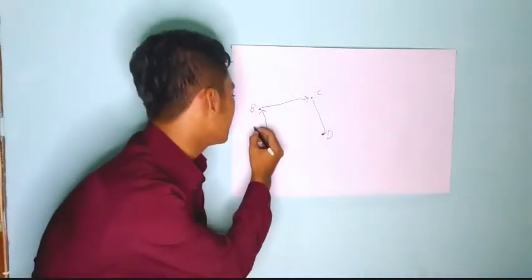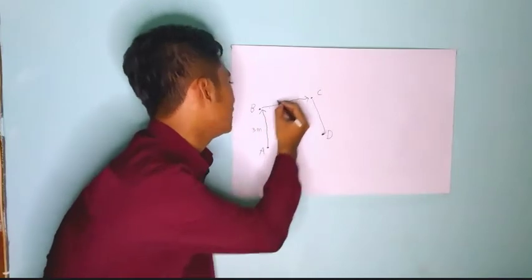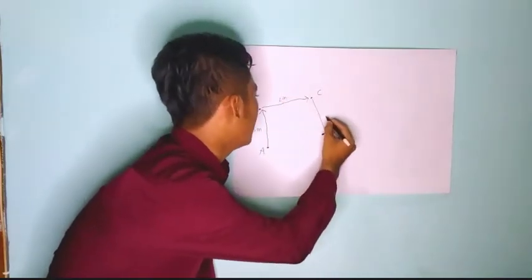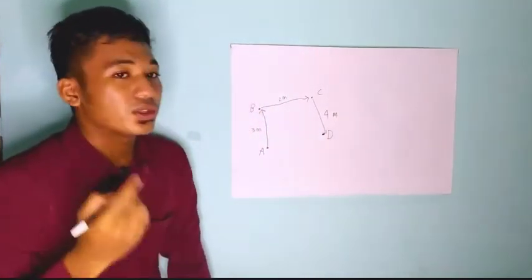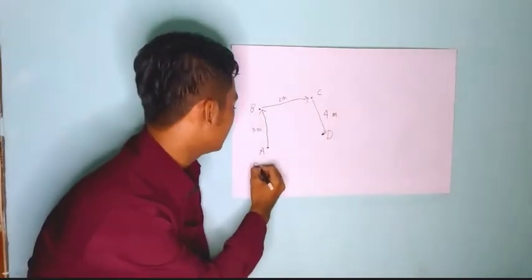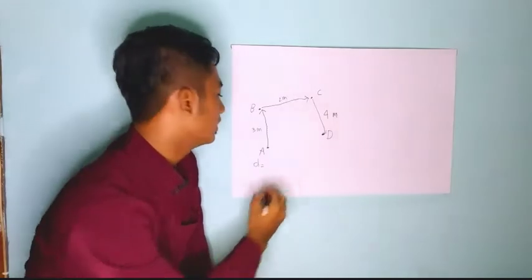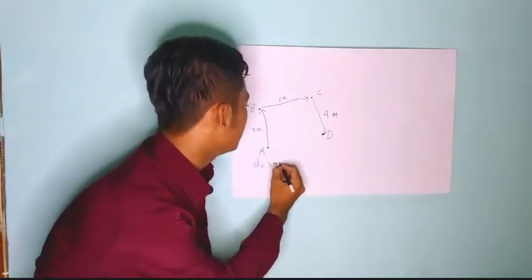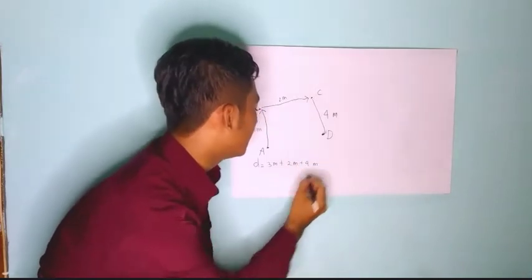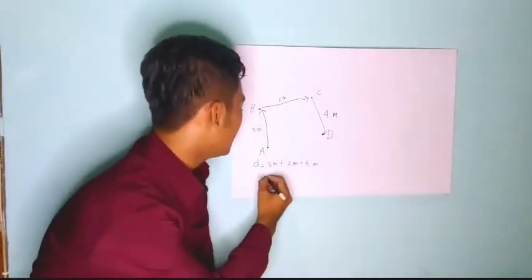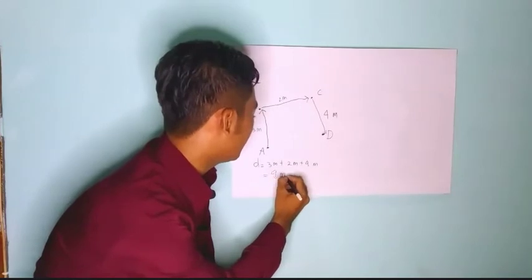Let's say it is 3 meters, it is 2 meters, and it is 4 meters. So the distance is 3 meters plus 2 meters plus 4 meters, and it is 9 meters.